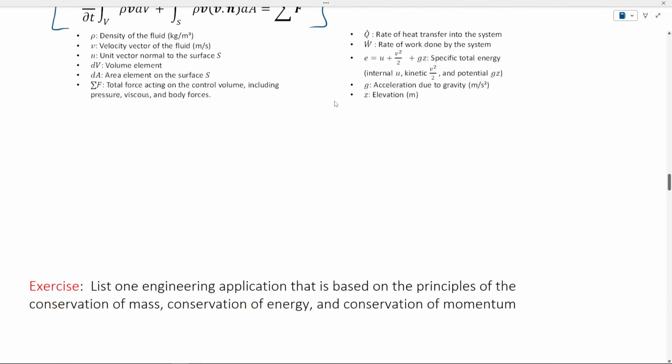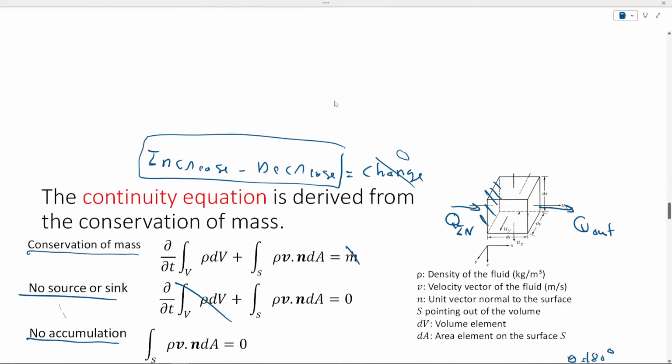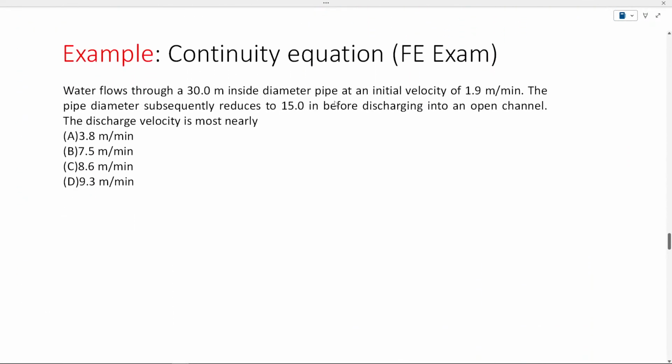Okay. So let's just do some simple example to practice using this law, and practice for the FE exam. So water flows through a 30-meter inside diameter pipe at an initial velocity of 1.9 meter per minute.